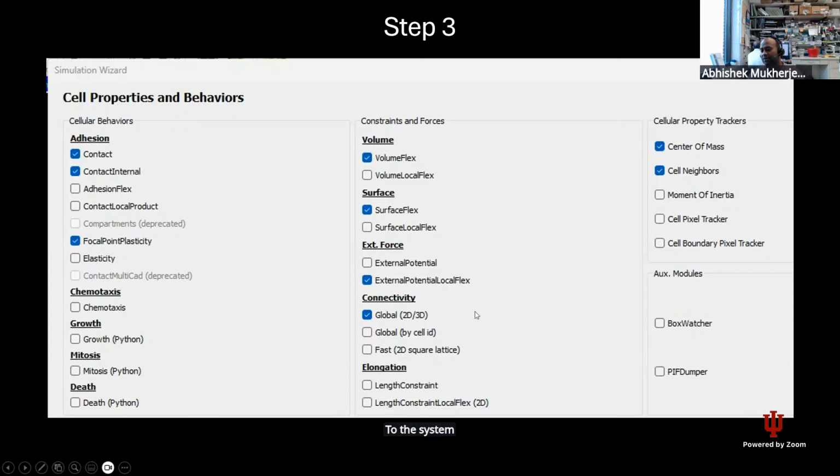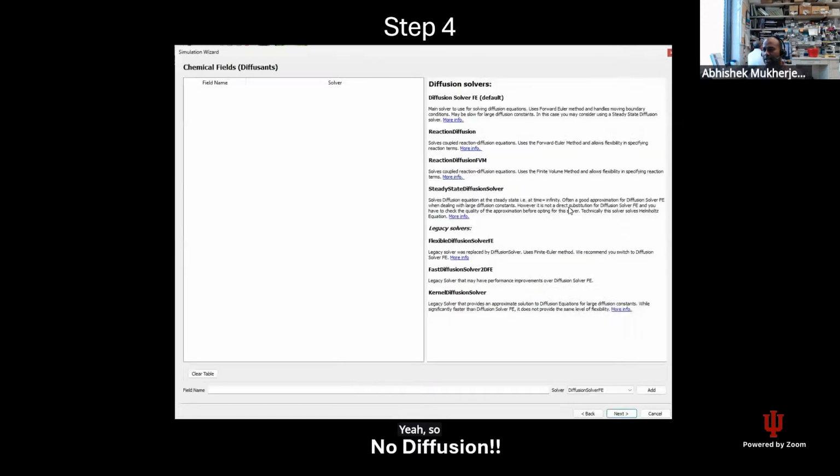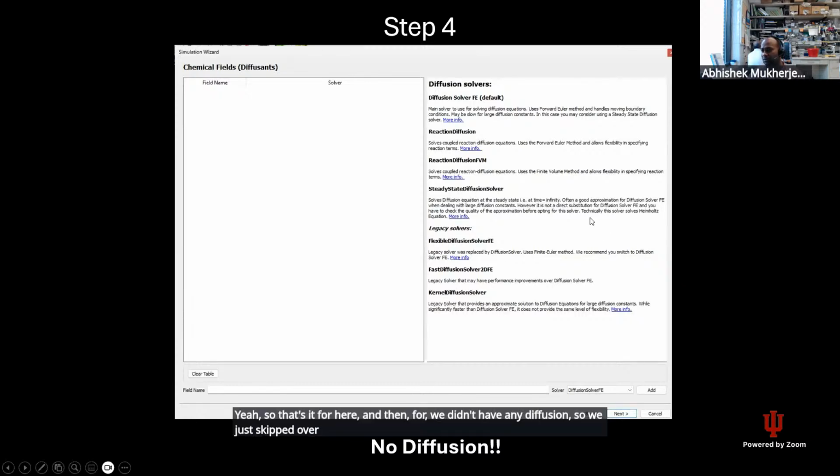So that's why we had this global connectivity plugin. Yeah, so that's it for here. And we didn't have any diffusion, so we just skipped over this chemical fields window.